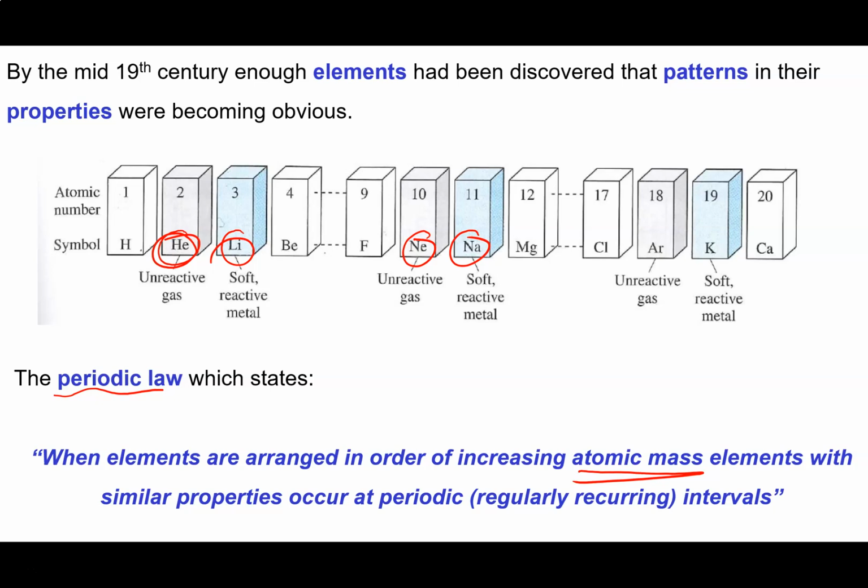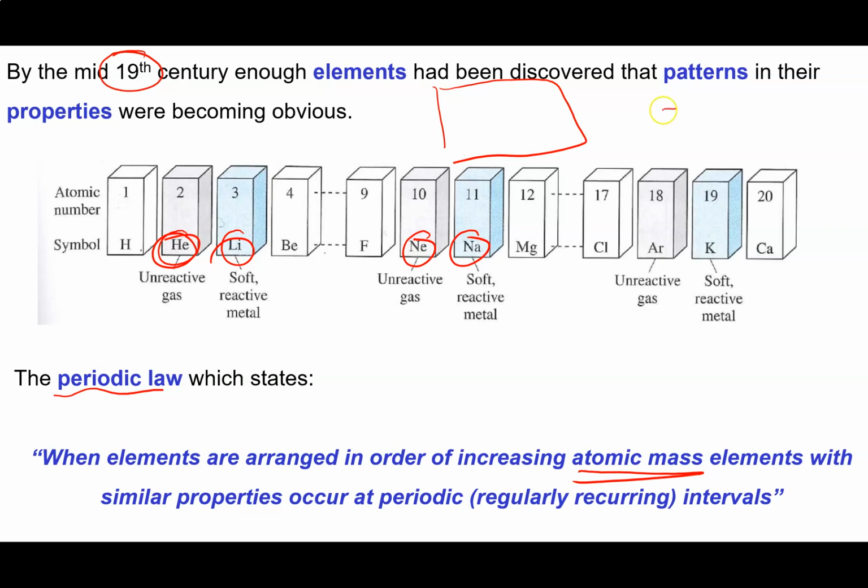Now, the reason why this was possible was because by the time of Mendeleev, around the mid-19th century, we had about 60 elements, and so you could see patterns appearing. There's also a problem that occurs once you get to about 60 elements. In the early days when we only knew of a handful of elements, you would just write the properties of the elements on a little card, and you could carry your deck of cards around with you everywhere, and chemistry students would simply memorize the properties of all of the known elements.